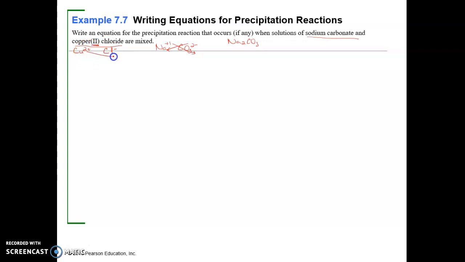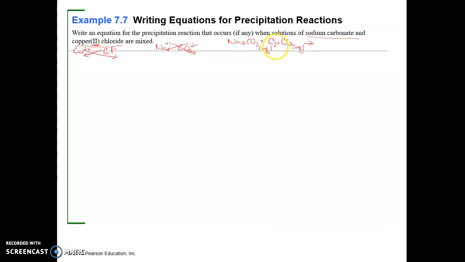All right, I would need 2 chlorines to go with that 1 copper, so this one would be CuCl2. All right, these guys are both aqueous if you were to look at the solubility rules. All right, and we need to see what they form.